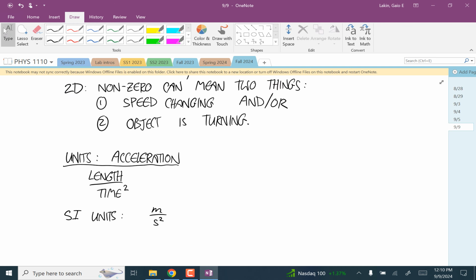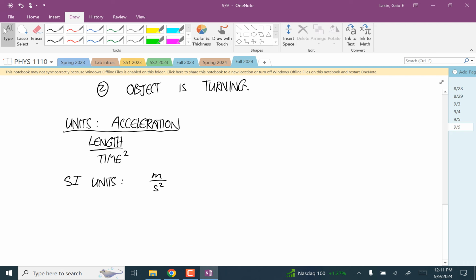So at the start of class, I gave you the reminder that on a position versus time graph, the way you read the velocity is you draw the tangent line, and then the slope of that tangent line is the velocity, okay?